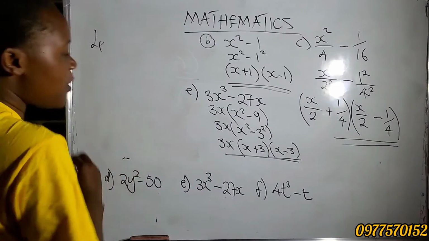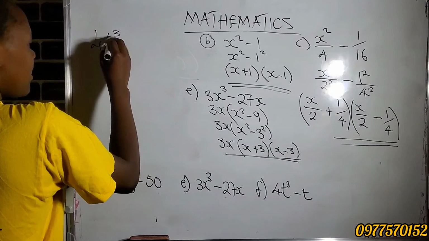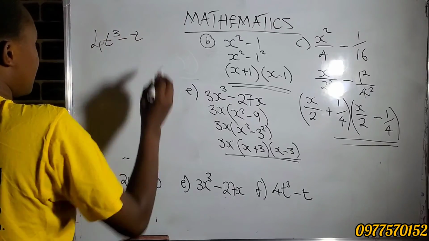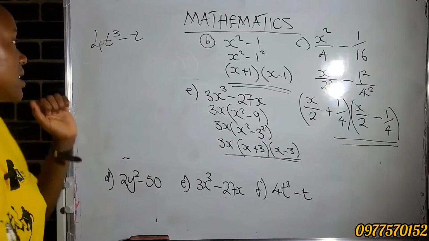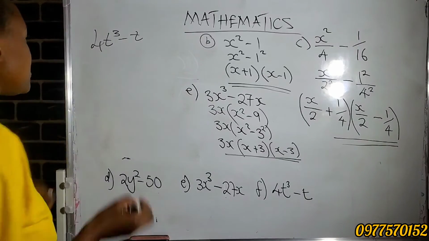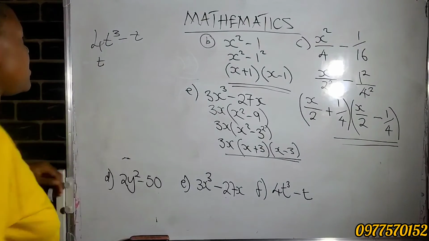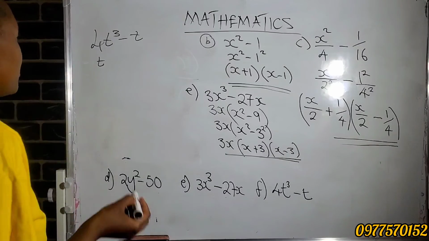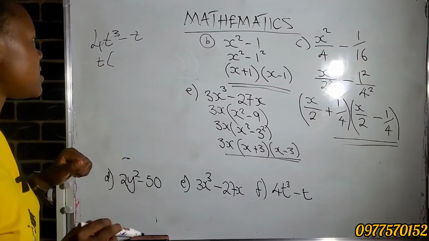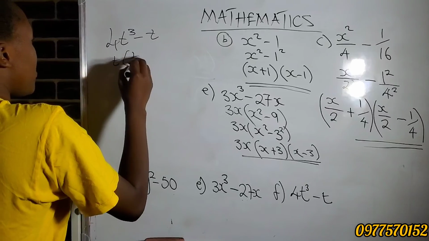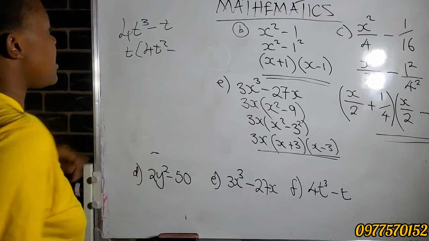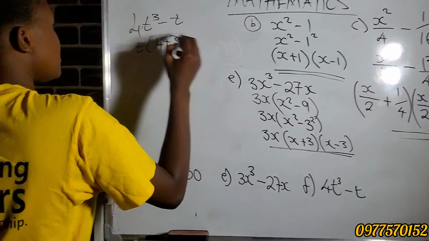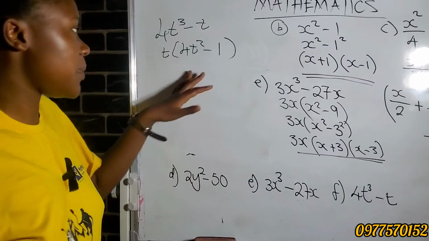So the question is 4t cubed minus t. So we first start with looking at what is common. So we see that t is common here. T is common, then we open brackets. 4t cubed divided by t is 4t squared, minus t divided by t is 1. We close bracket.